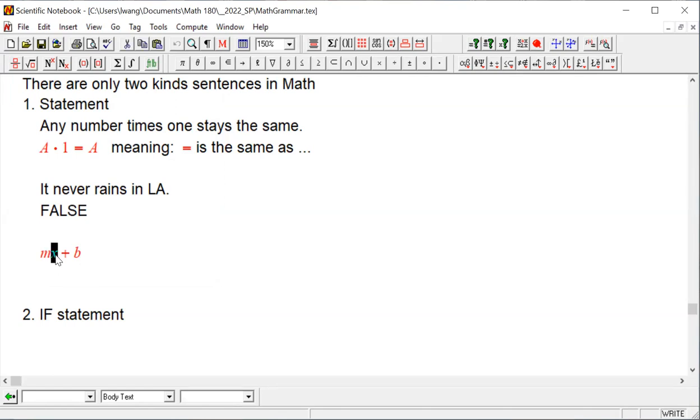X is another category of number, and plus b is another category of number. Each symbol represents a category of numbers, and this formula, which is a statement, says I'm going to take a number from the category of m, multiply by another number in the category of x, plus another number in the category of b. So this is actually a formula.